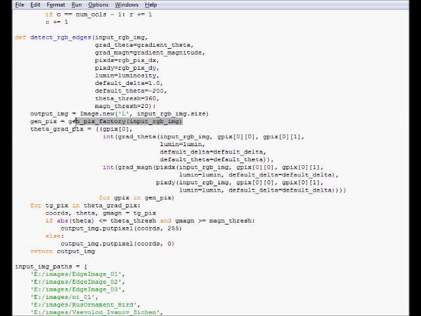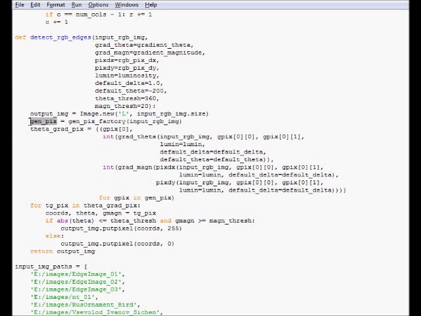So we establish the generator, and then we iterate over the RGB pixels. So gpix is the C and R value of the pixel column, and then we compute gradient theta and gradient magnitude and convert them into integers.